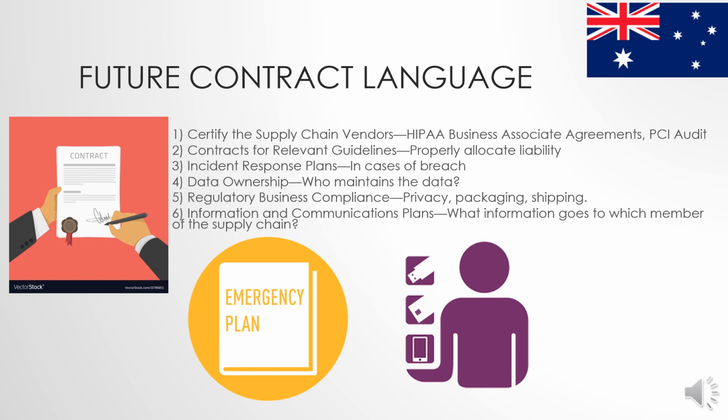To cover any case of breach, contracts should be drawn up between the Australian government and the relevant vendor or vendors to express the use and access guidelines to properly allocate liability. These contracts should require the supply chains to inform vendors or any stakeholders of breaches in a timely manner.